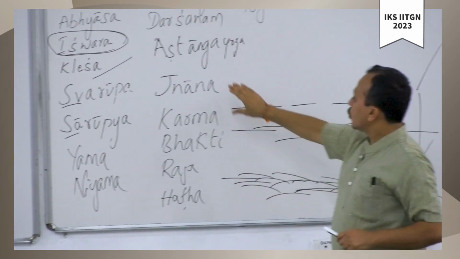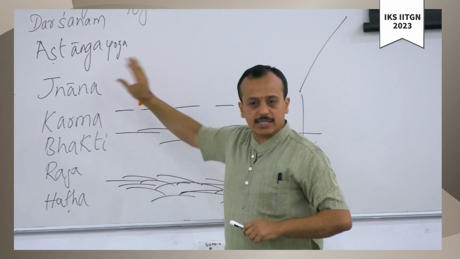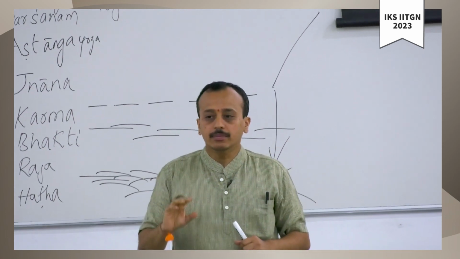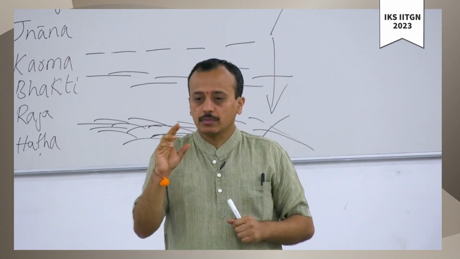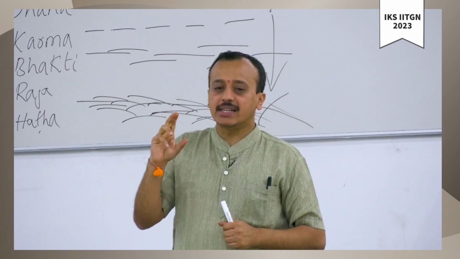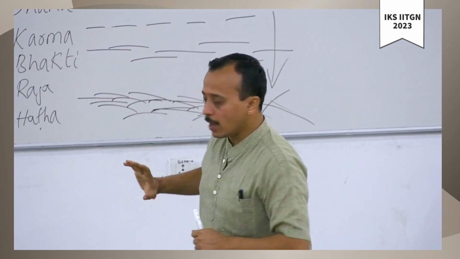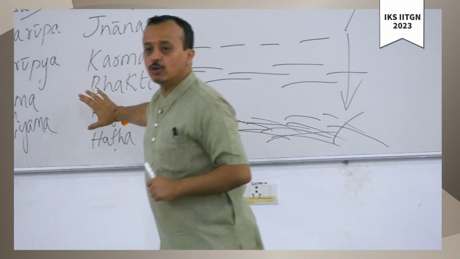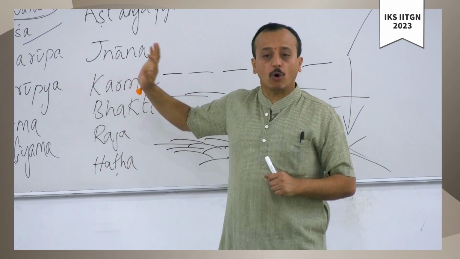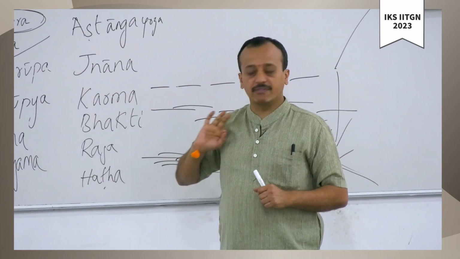Jnana Yoga takes the path that through one's cognitive abilities and skills, one can overcome one's limitations. All these paths are helpful to overcome one's limitations, but the instrument they use differs.